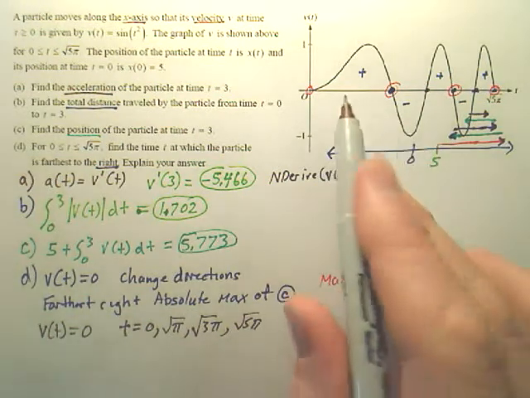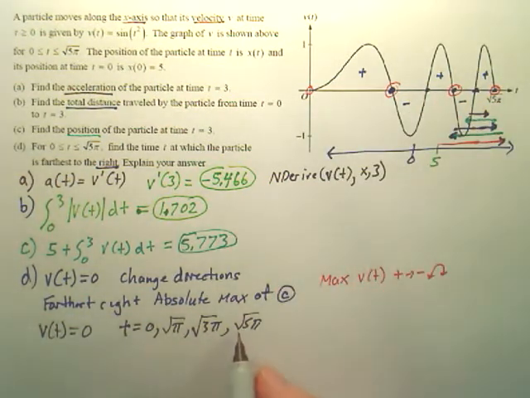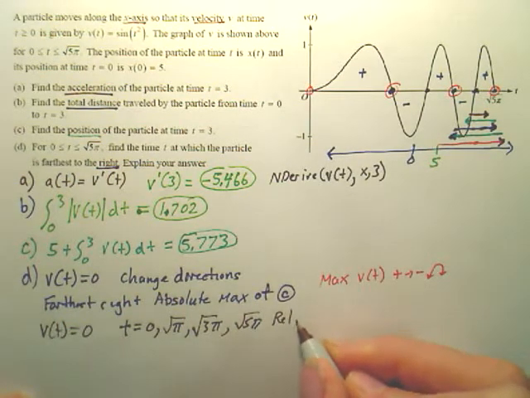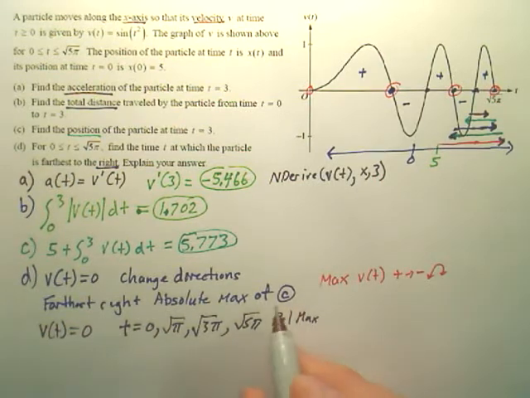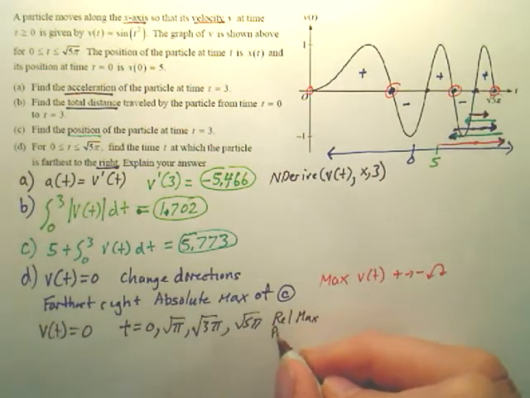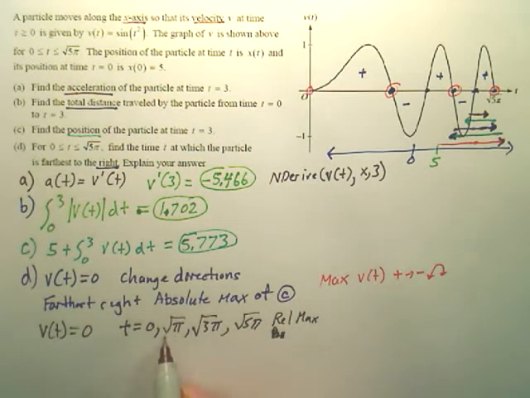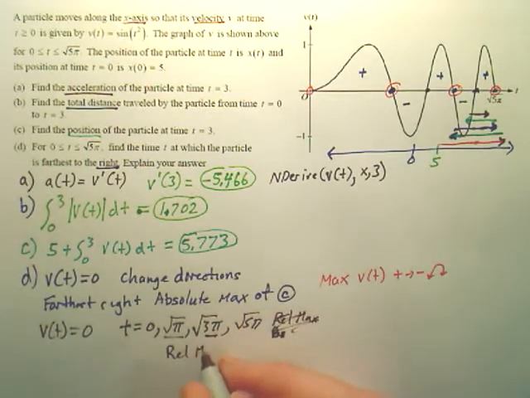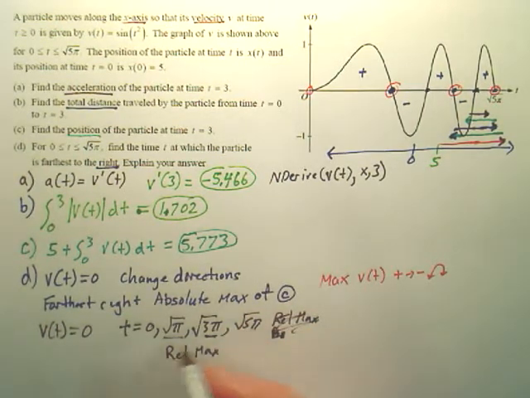Those are your values. Those are when it equals 0, and these are possible relative maxes. Actually, these are relative maxes, and these are endpoints. So we're going to check the relative maxes and the endpoints.